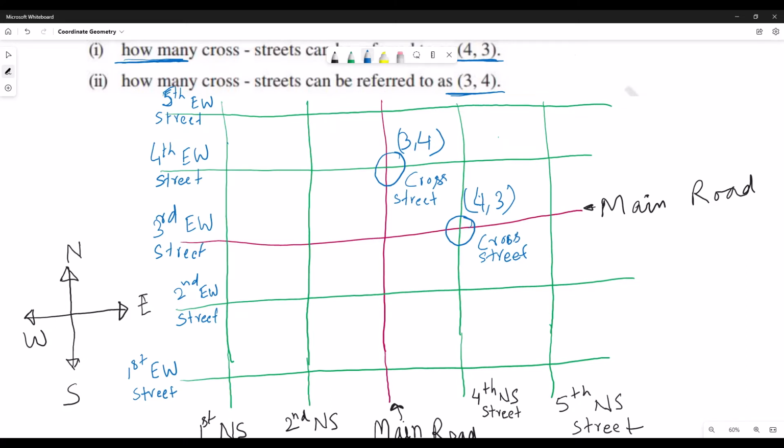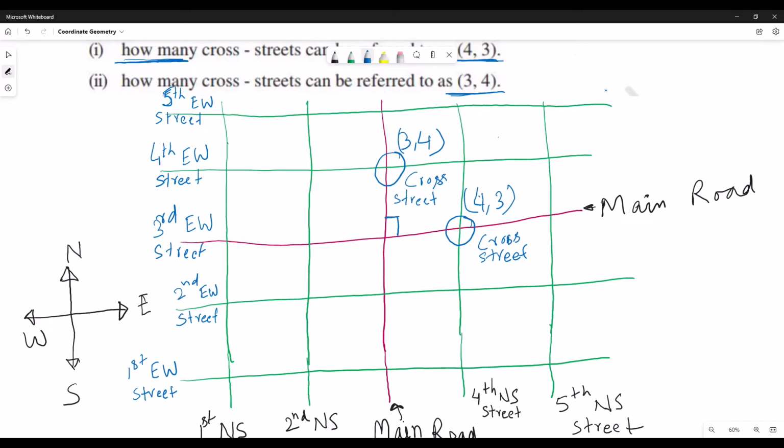This is in the east-west direction and north-south direction, and both of these main roads cross each other at the center of the city, right? So this is the center of the city, and these are the two main roads, and because these roads are in the north-south and east-west directions, they have to cut each other at 90 degrees.